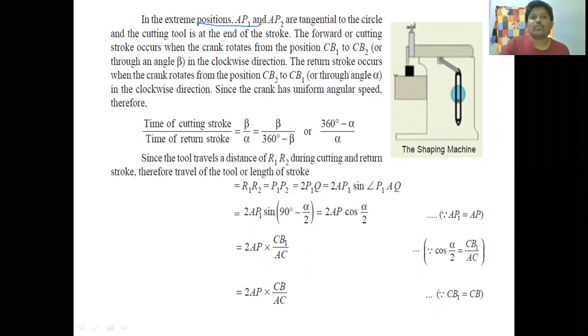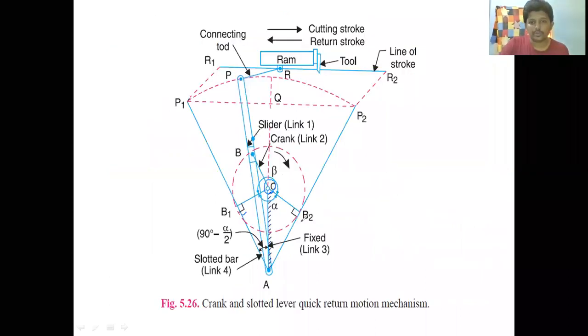The forward or cutting stroke occurs when the crank rotates from the position CB1 to CB2. We have the cutting forward stroke and the return stroke. It happens when the crank is moving from the position CB1 to CB2. We'll see what those CB1 and CB2 points are. Now this is our C. This is B1. This is B2.